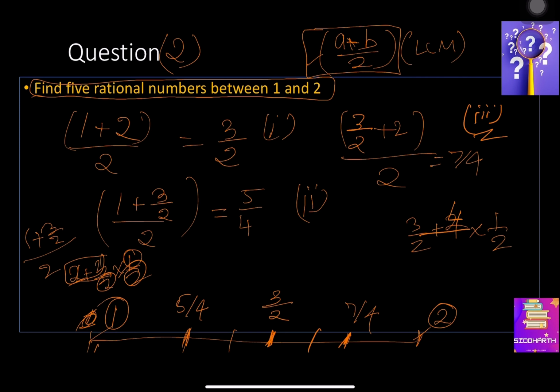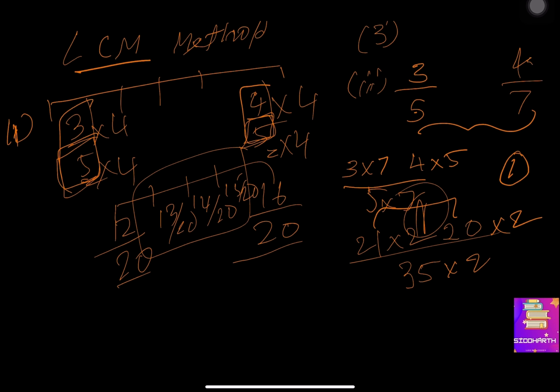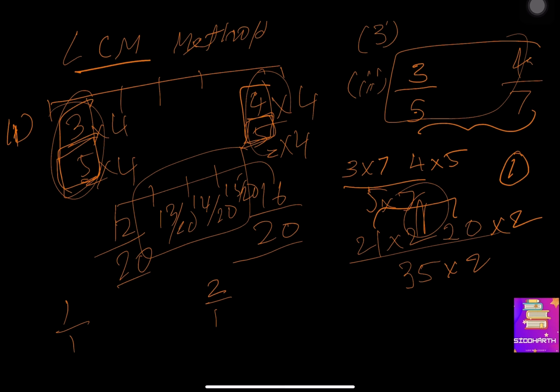Now let's see the LCM method. See, the denominators are the same in this, 1 by 1 and 2 by 1. In order to find 3 numbers between them, we multiplied the denominator with 4.